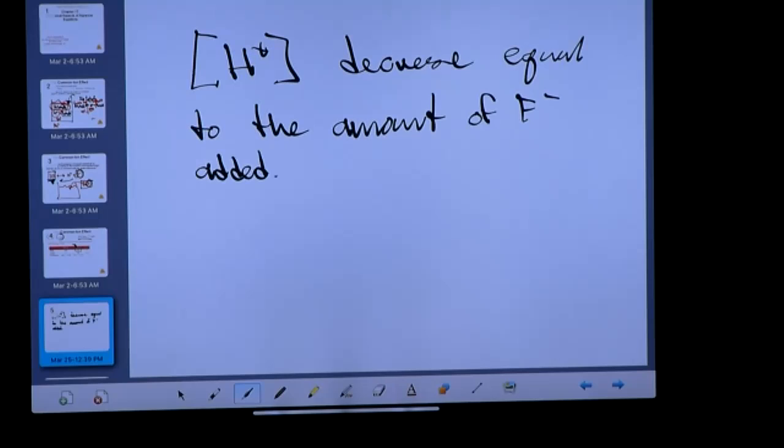They can become equal, but this is more because HF is a weak acid, so it wants to bond.